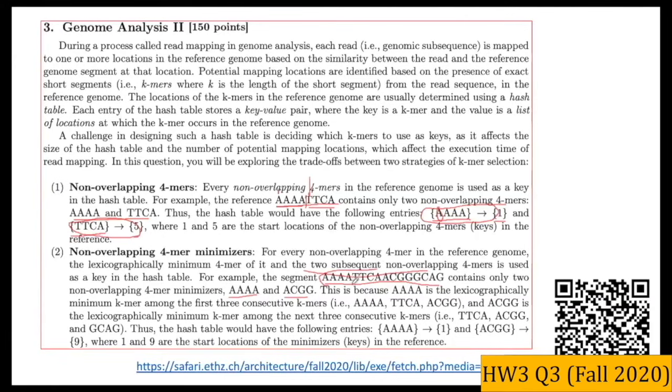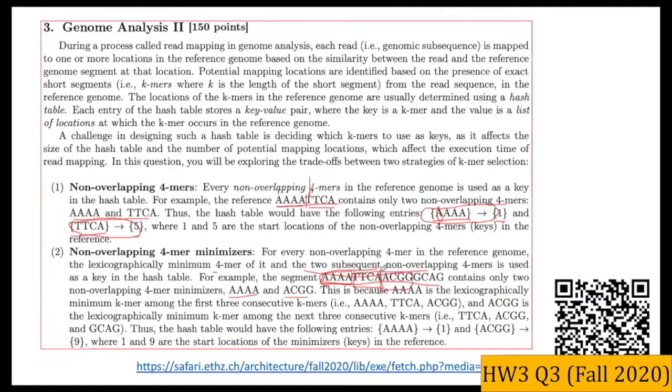The first k-mer is the 4 A's, because k is 4 here, and this is the first 4 characters. What is the second non-overlapping k-mer? These 4 characters, which is TTCA. And the third k-mer, that is also non-overlapping, this is very important, is ACGG. So now we have already extracted 3 k-mers out of this sequence.